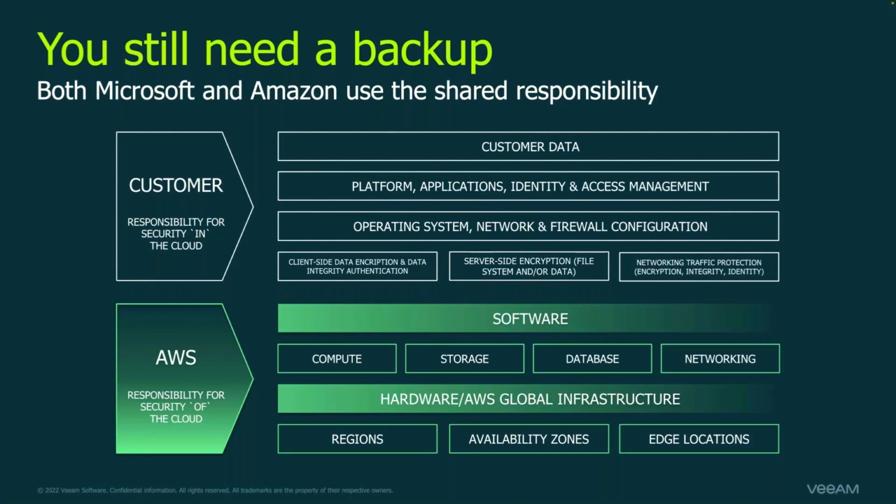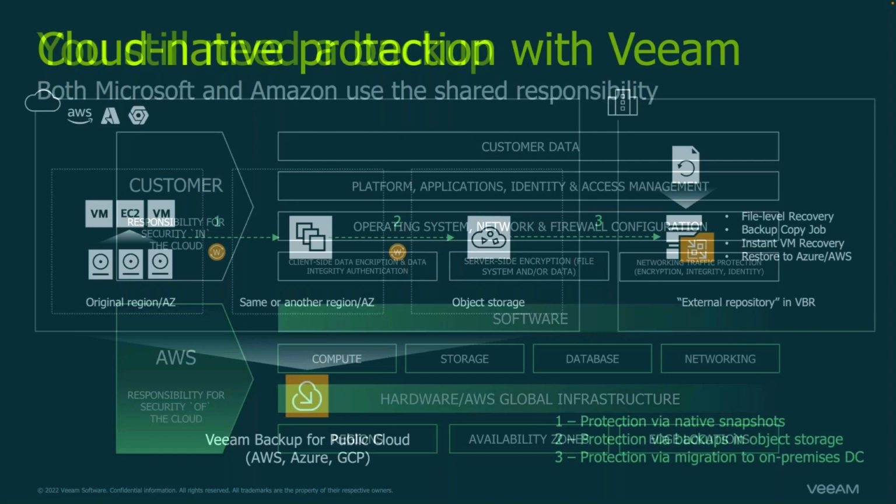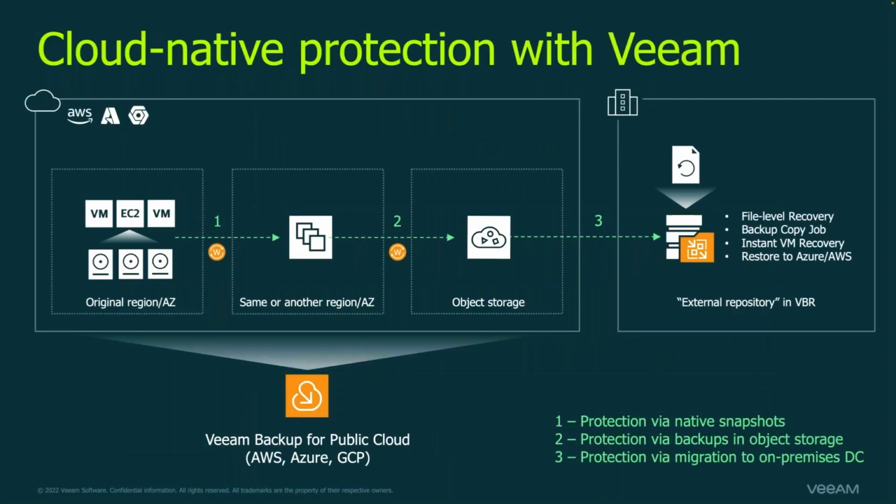Let's go a bit deeper and talk about what Veeam has to offer from the hyperscalers' point of view. Veeam offers Veeam Backup for the public cloud, namely AWS, Azure, and GCP. Today we will focus on and demonstrate the AWS platform.